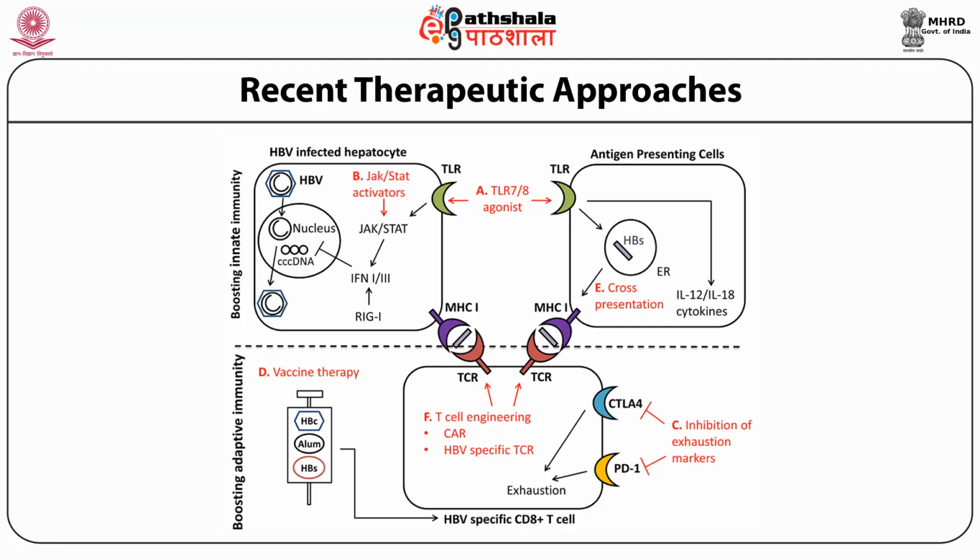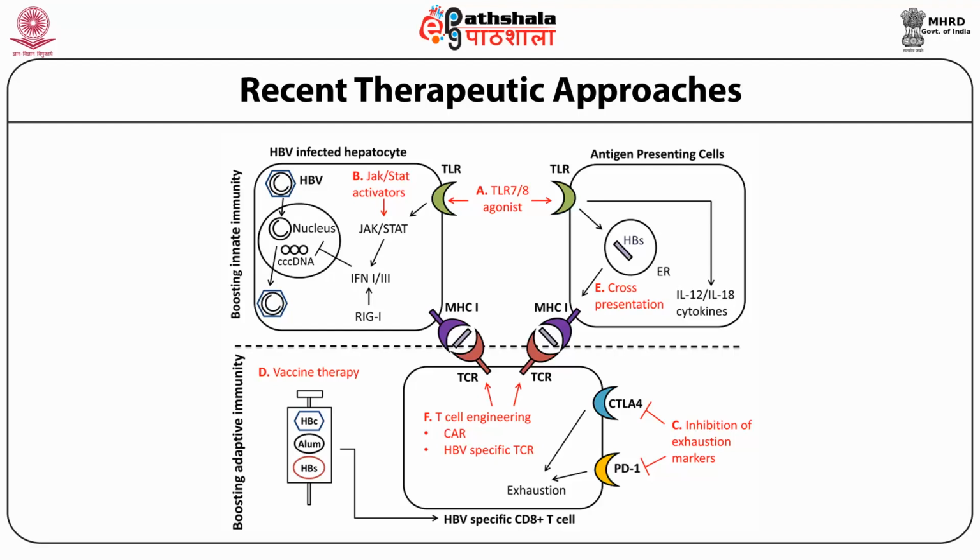However, the down part of this slide shows that you can give vaccine therapy including the vaccine against HBC, HBS and the adjuvant, and when you give the HBV specific CD8 T cells it enhances the adoptive immunity. You can use engineered T cells, CAR T cells, you can use the HBV specific T cell receptors and then you can enhance the adoptive immunity.